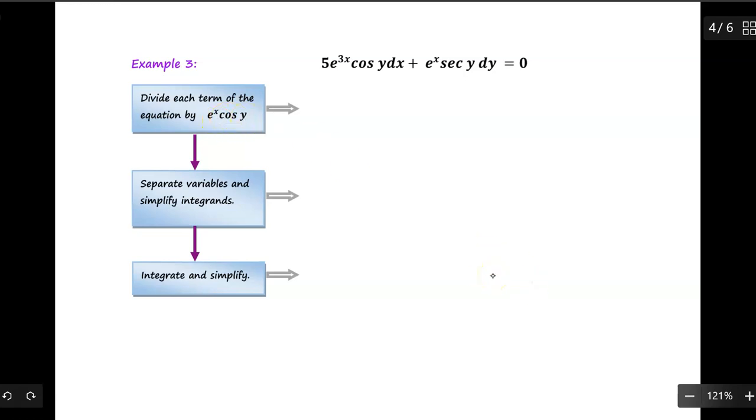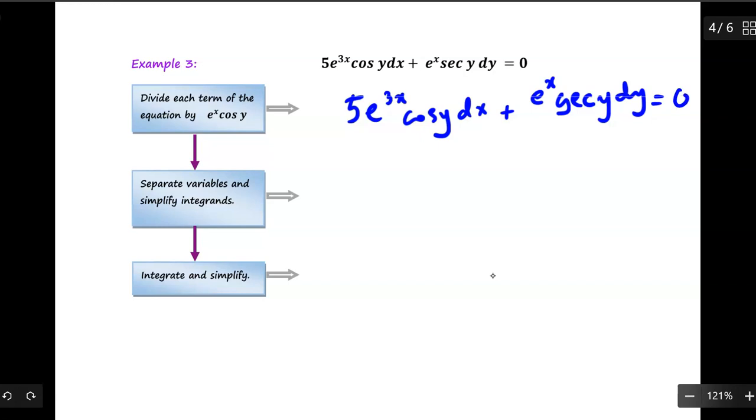So let's do that. I have 5e to the 3x cos of y dx plus e to the x secant of y dy equal to 0. That means I divide both sides by cos of y and then e to the exponent x.